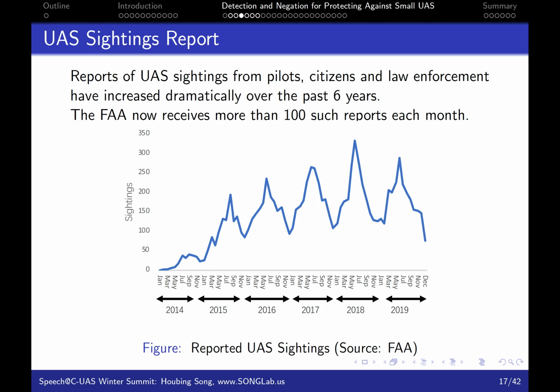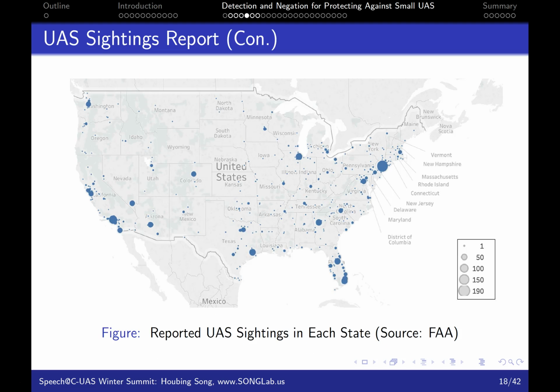So here, from this drawing, you can see from 2014 to 2019, 6 years, each month, how many UAS sighting reports FAA received. This one is about the UAS sighting reports in each state in the United States.